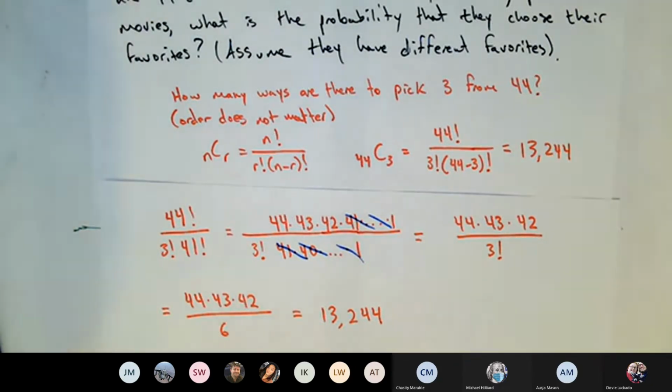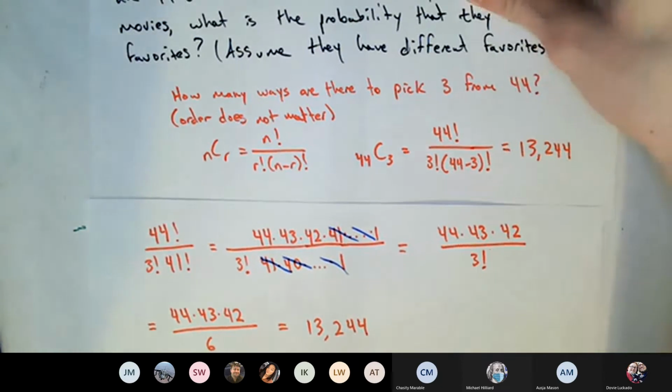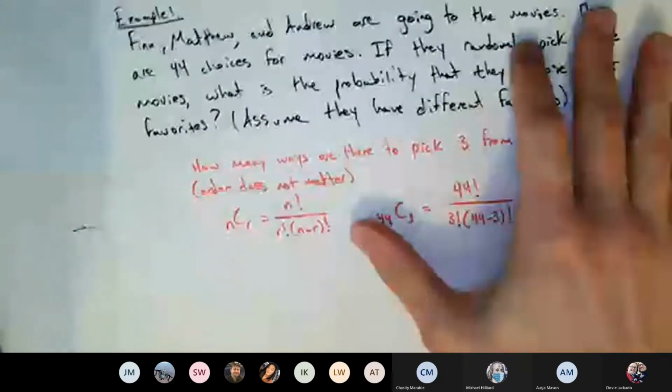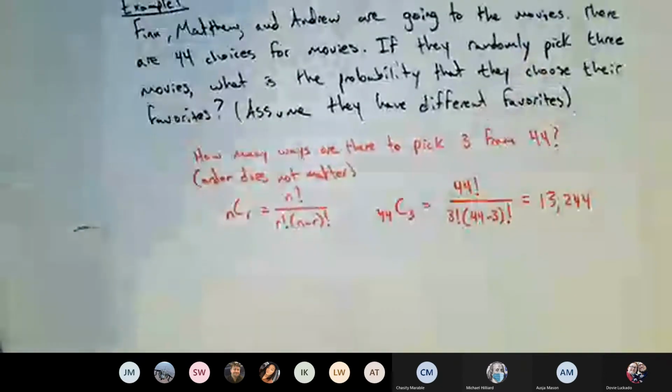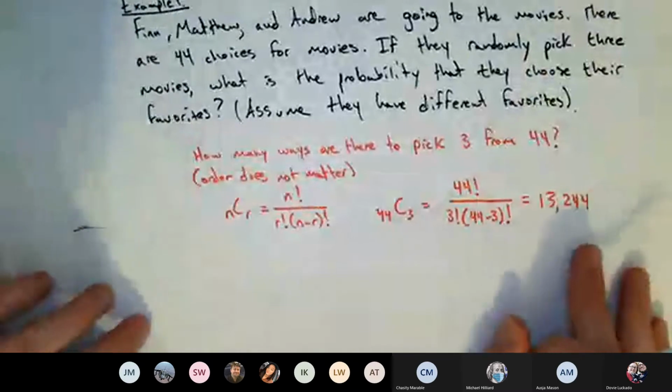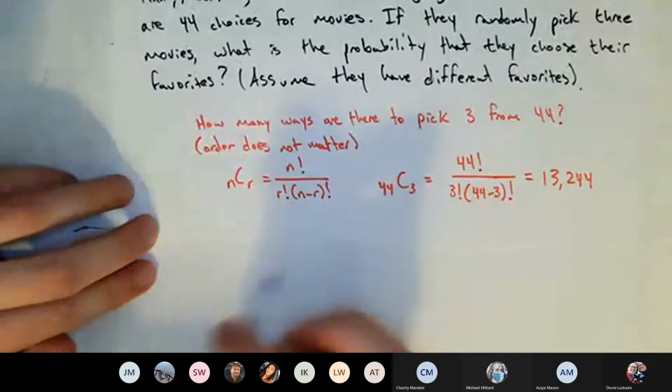13,244. So now we want to answer the question of how many ways are there for them to get specifically that combination of their favorites?